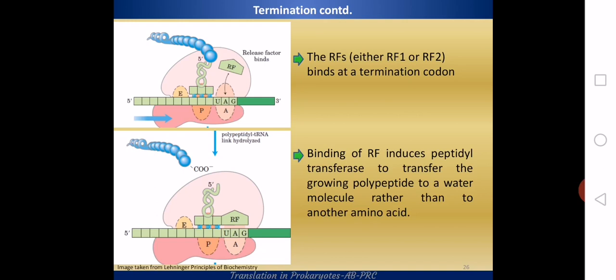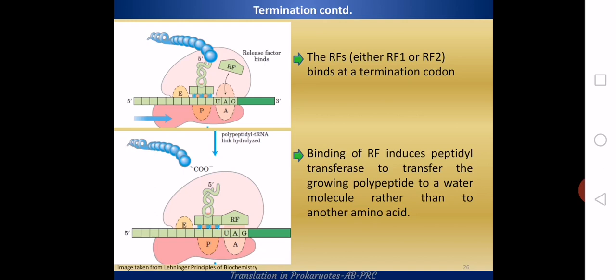Normally what peptidyl transferase does is transfer the growing polypeptide to the incoming amino acid, or its amino group. That is the peptide bond. But here no amino acid has come, but instead there is a release factor, and the release factor does not have any such amino group which is capable of accepting this growing polypeptide, and there is no scope for peptide bond formation.